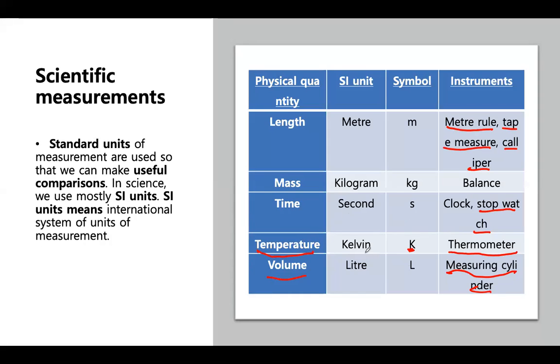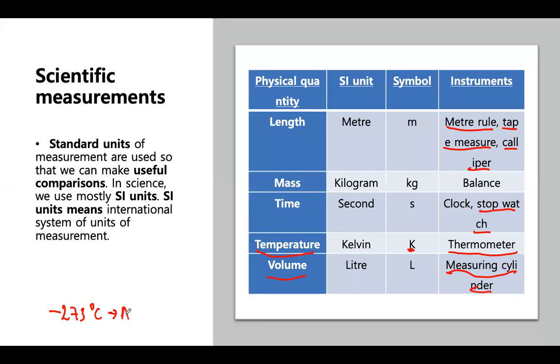Right. So the person who actually came up with the concept of it was from gas laws. I'll just talk about it briefly. This particular person, his name was Kelvin, and he realized that at a particular temperature, which is negative 273 degrees Celsius, everything stops moving.